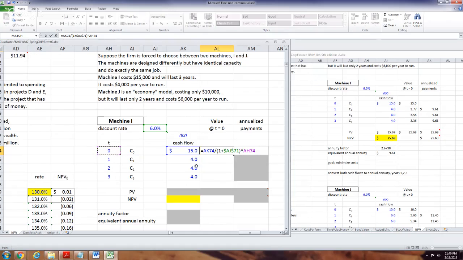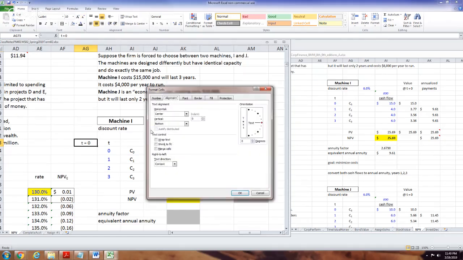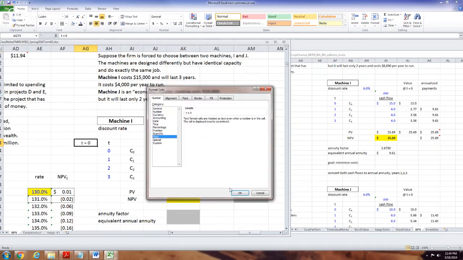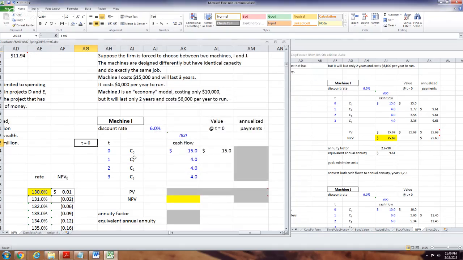I used to say T equals 0, center it, change the font, and make it text. When it's text, you can't use it in a computation. I'll leave that there for historical reasons. So here's your time value of money.